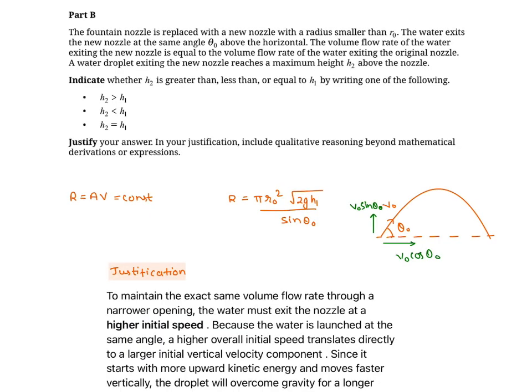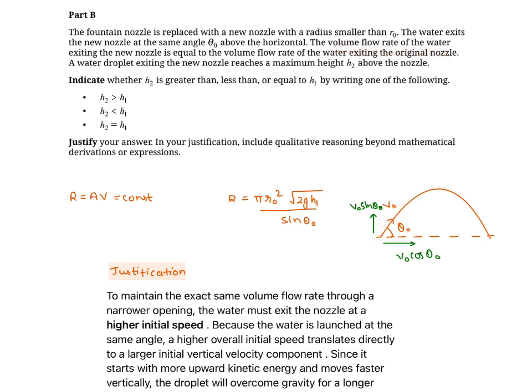In part B, it is given that the fountain nozzle is replaced by new nozzle with radius smaller than r naught. So the radius of this nozzle r naught is decreased. Water exits the new nozzle at same angle theta naught above the horizontal. That means this angle theta naught has been kept constant.